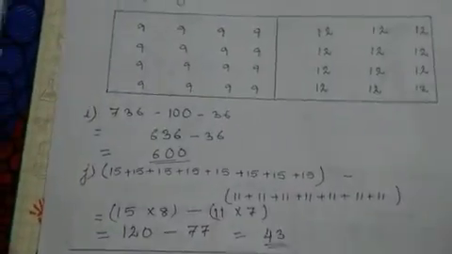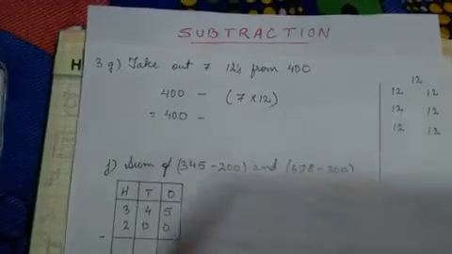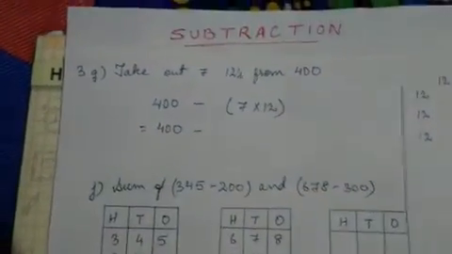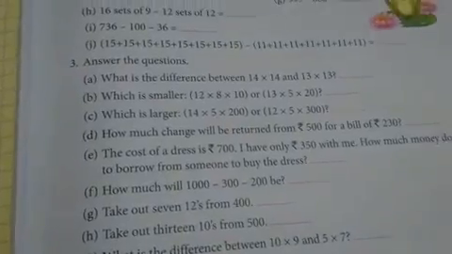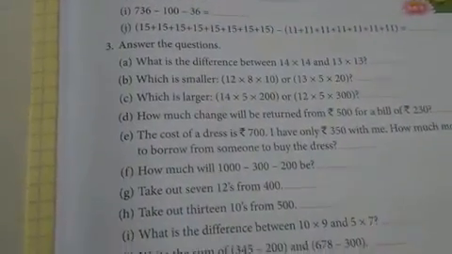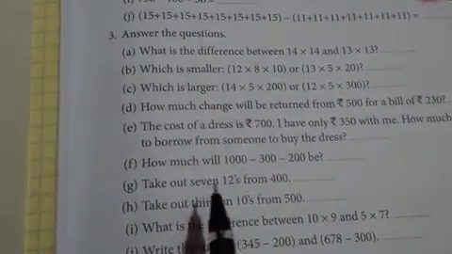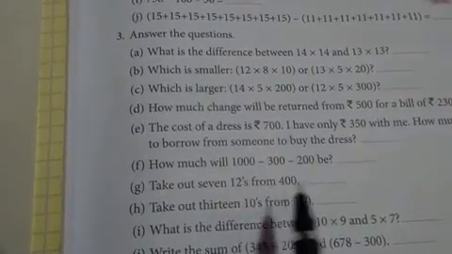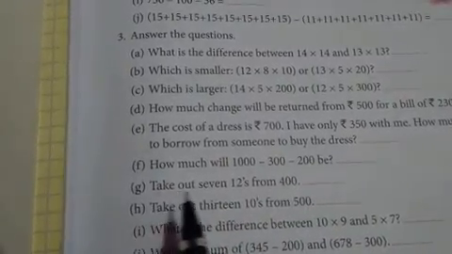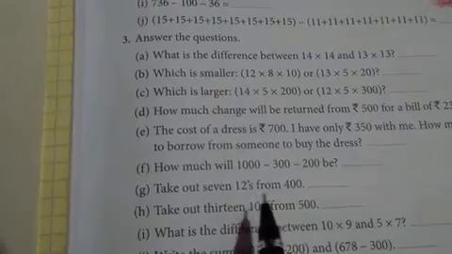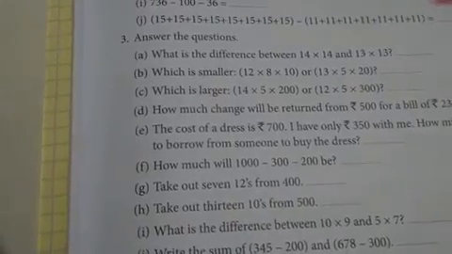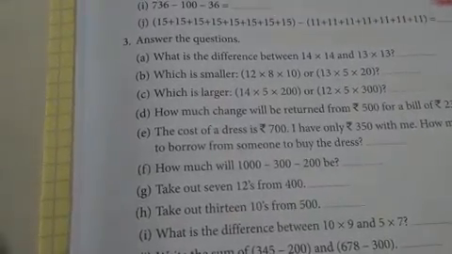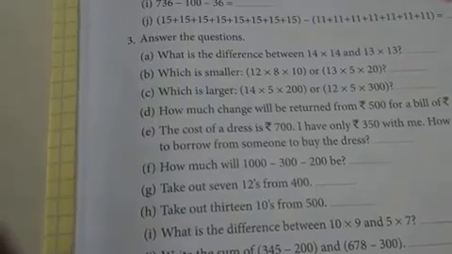Now let us go ahead with the next question. I am taking question number 3G. Okay, 3G says take out 7 12s from 400. Okay, take out from, again the term from is given. It means from 400 you have to subtract. What do we have to subtract?